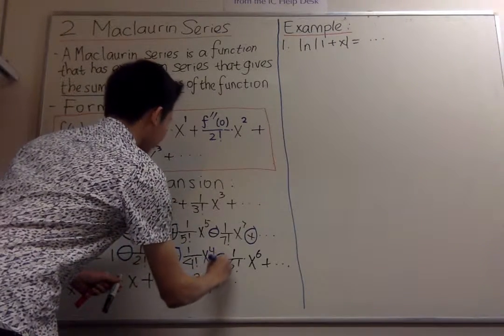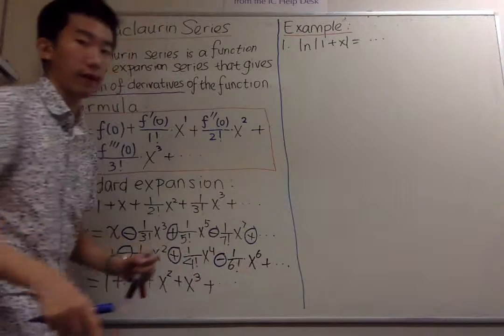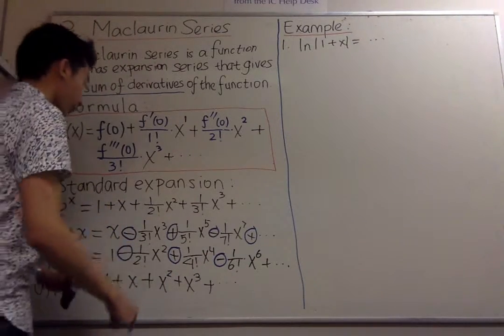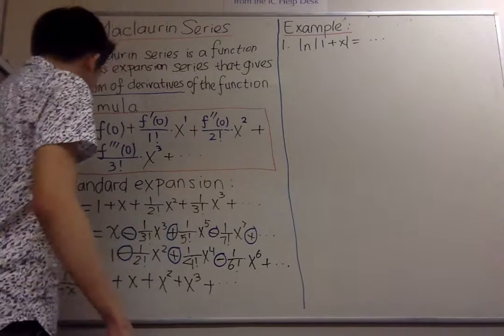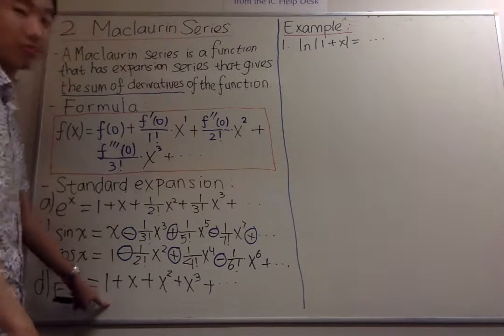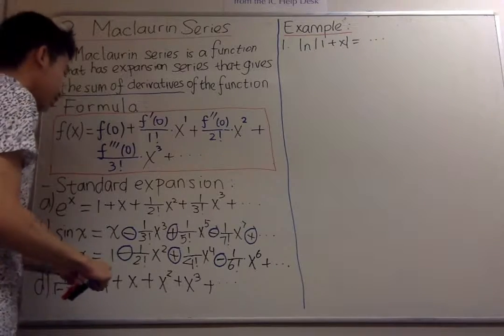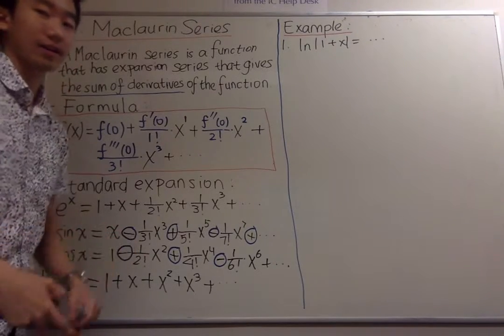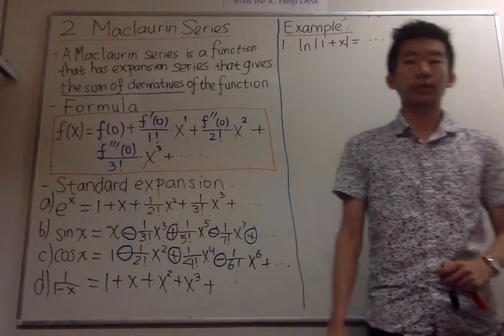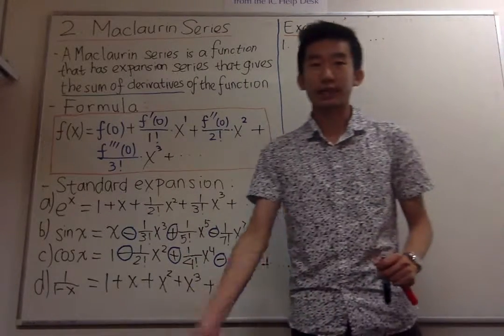The signs are alternating, so you have to pay some attention to it. And for 1 over 1 minus x, we have this beautiful expression, which is 1 plus x plus x squared plus x to the third power plus, and so on.